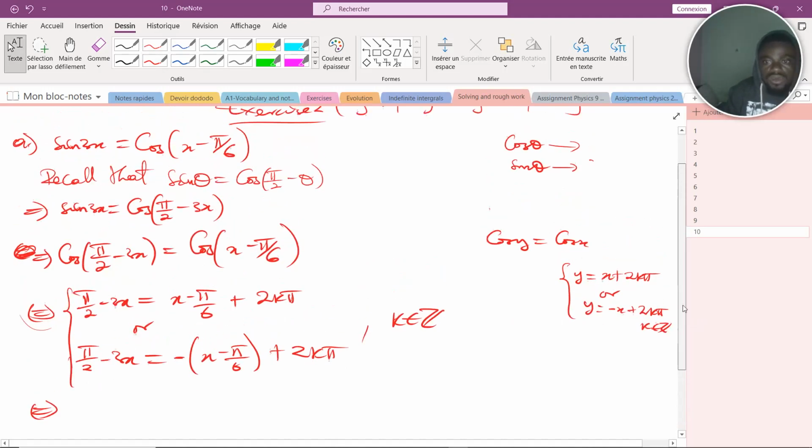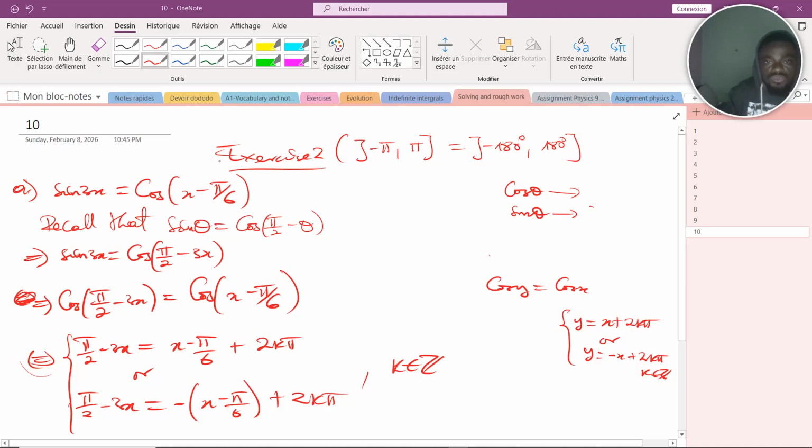So I even forgot to tell you something. When you are solving this on an interval, the first step is to find the general solution. You first find the general solution.